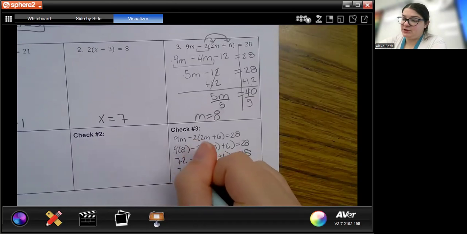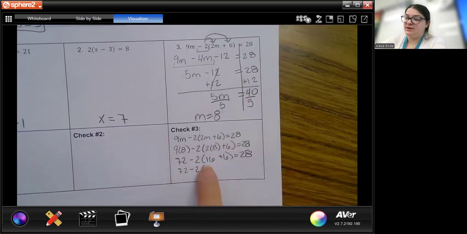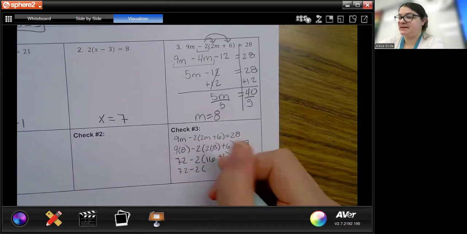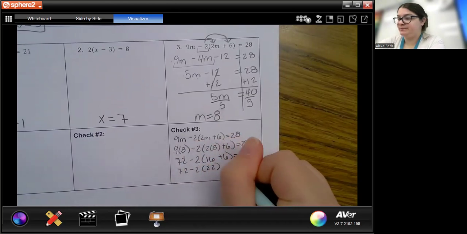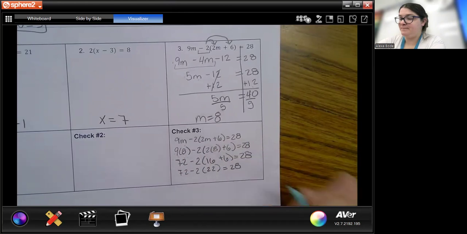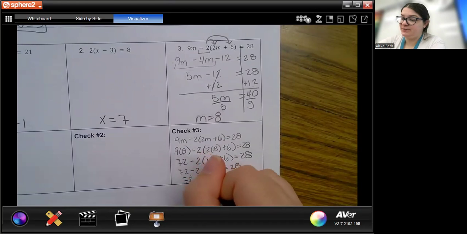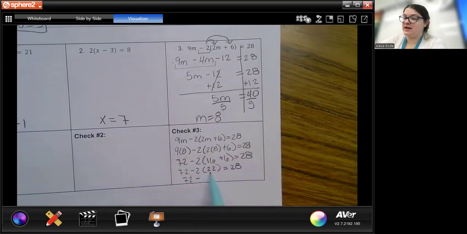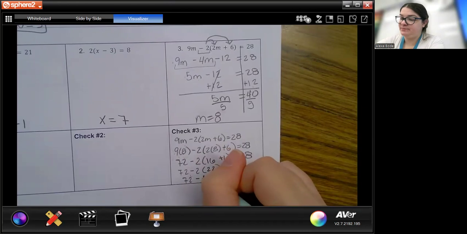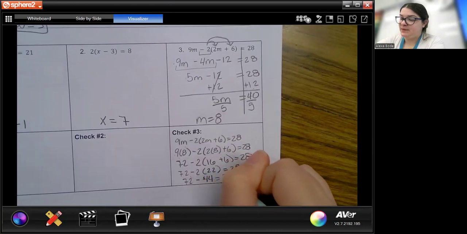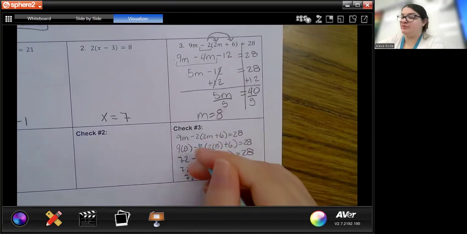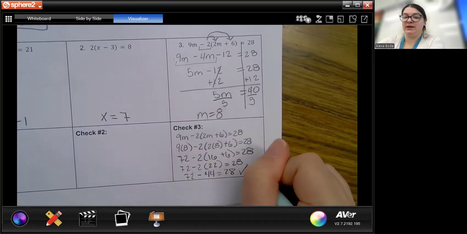Then 72 minus 2 in my parentheses, 16 plus 6 is 22 equals 28. And then I have multiplication, so 72 minus 2 times 22 is 44. And 72 minus 44 does equal 28.